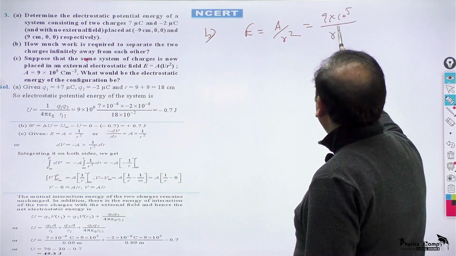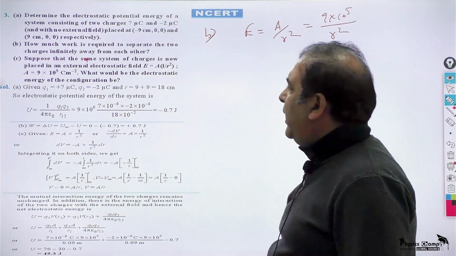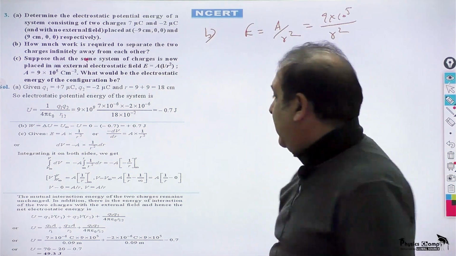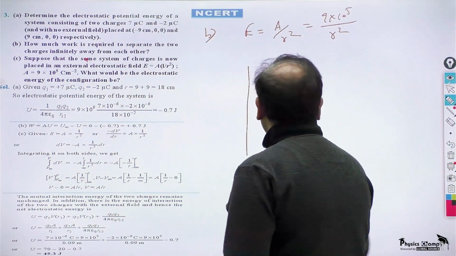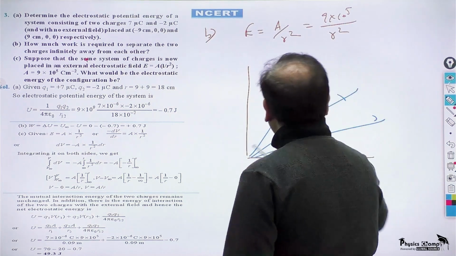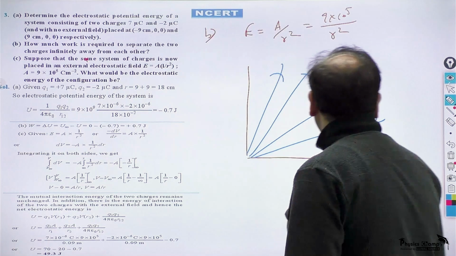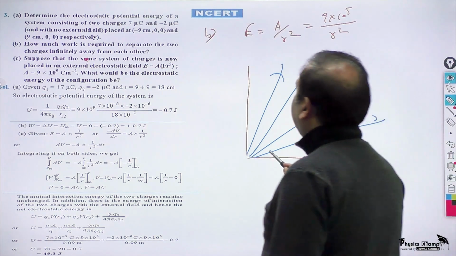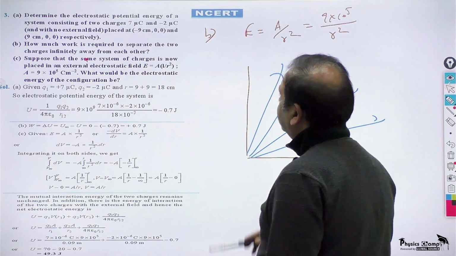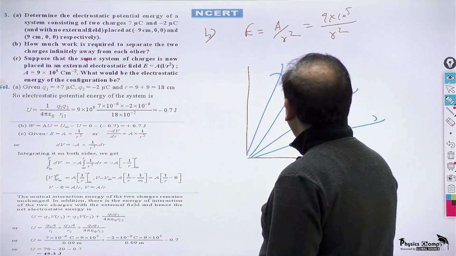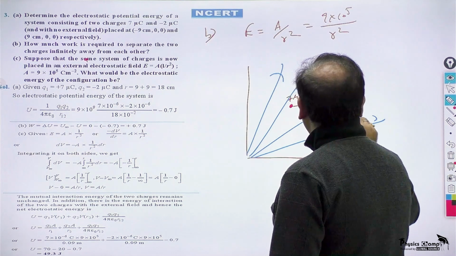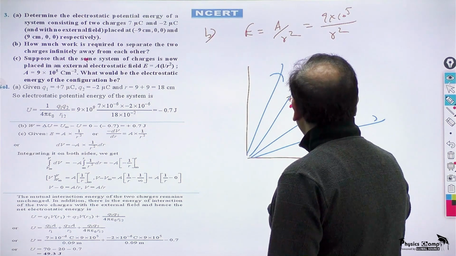What would be the electrostatic energy of the same configuration? It means here we are told that there is an electric field in the region and you are keeping the same system of these two charges, which is 7 microcoulomb and minus 2 microcoulomb, placed 18 centimeter apart.